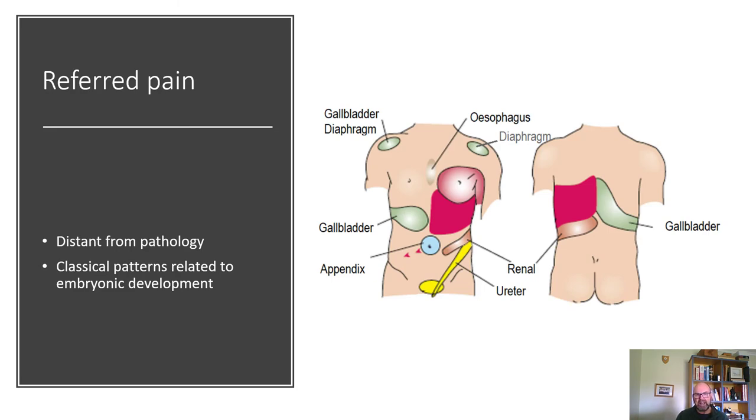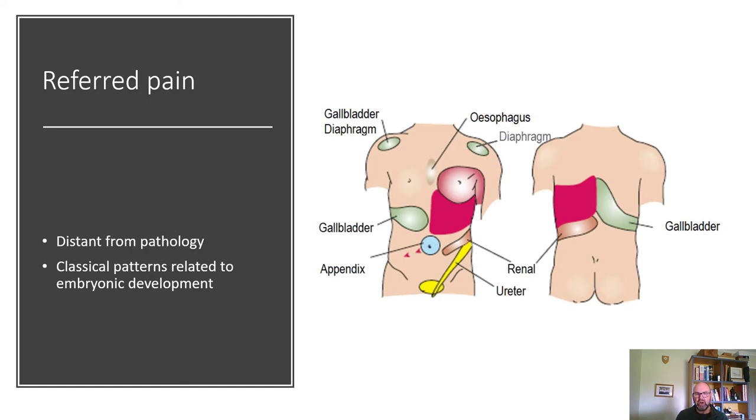Now, there are a number of classical radiation patterns for intra-abdominal pathology, and these include left shoulder pain associated with irritation of the left diaphragm or perhaps from the spleen. We have right shoulder pain that's associated with irritation of the right side of the diaphragm or the gallbladder. Upper back pain with gallbladder or common bile duct can occur, and it will also occur with perforated duodenal ulcers.